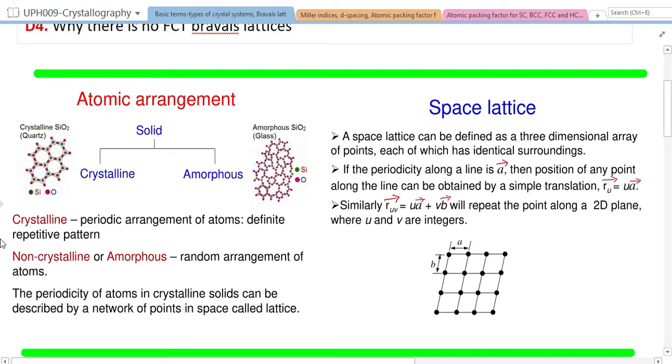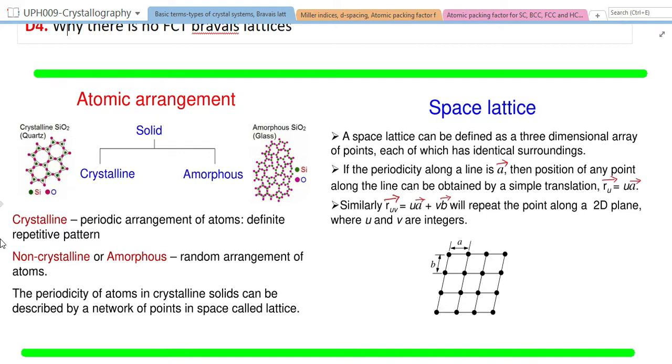When I say periodic fashion, I mean one unit of a structure gets repeated in different directions periodically, right? And in case of an amorphous solid, there is no such repetition or periodic arrangement in the material. Rather, the atoms or the molecules of the material are randomly distributed or arranged throughout the material.